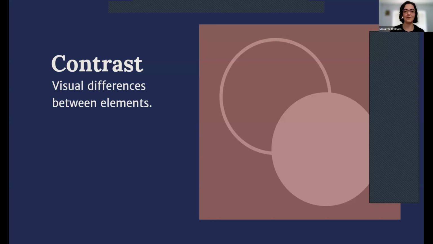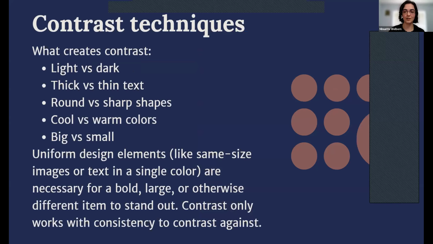So contrast is the visual differences between elements. So it's not only color, it can also be shape, sizing, all sorts of different types of contrast. Light versus dark, thin versus thick, cool versus warm. Anything that stands out, contrasts, right? But that also means that you need elements that are the same as each other so that what you want to stand out will stand out.